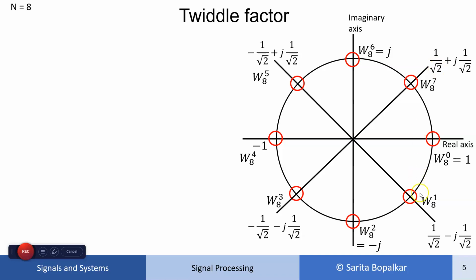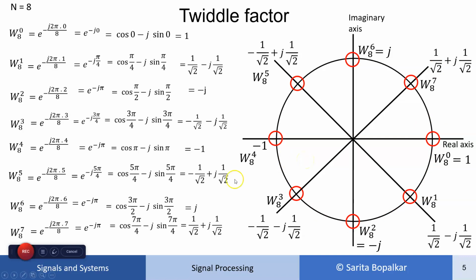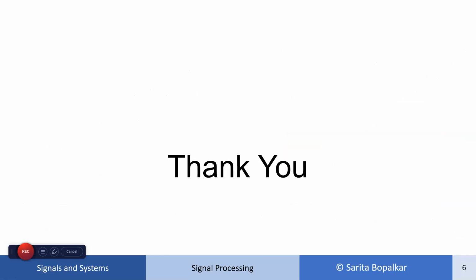Only the sign you have to consider according to its position. So the values you can cross check, with the same method which we referred to previously. So this is a way we can remember the twiddle factor values in an easy way. Thank you.